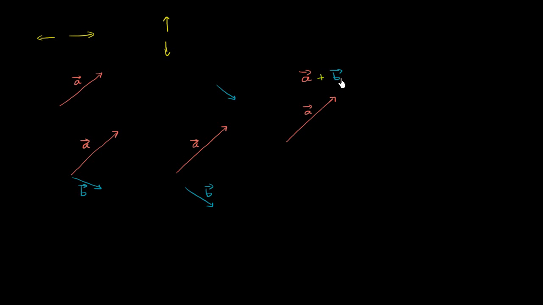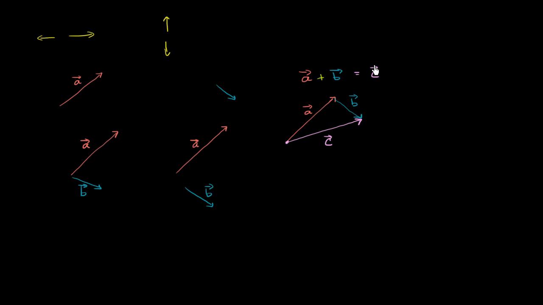And then I can draw vector B, but I put the tail of vector B at the head of vector A. So I shift vector B over so its tail is right at the head of vector A. And then vector B would look something like this. And then if you go from the tail of A all the way to the head of B, and you call that vector C, that is the sum of A and B.